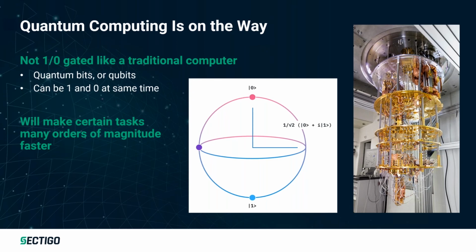And because of that, they work in a fundamentally different way. And the general promise of quantum computers is that they will just be much faster than traditional 1-gate, 0-gated computers. But they also are extra special much faster at certain specific tasks. There are tasks that are many orders of magnitude faster on a quantum computer than an equivalently powered binary 1-0 gated computer.